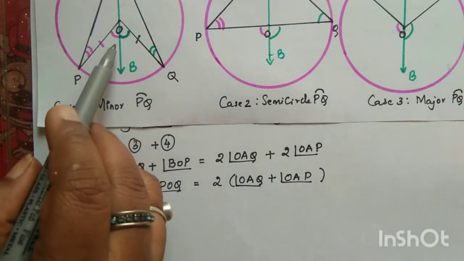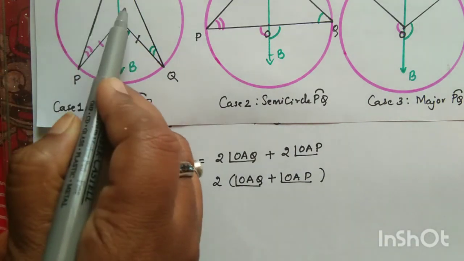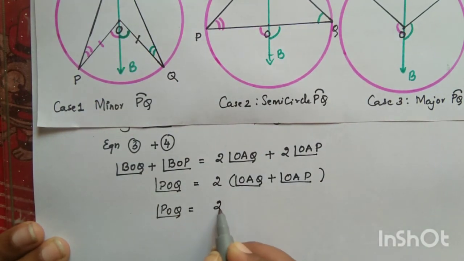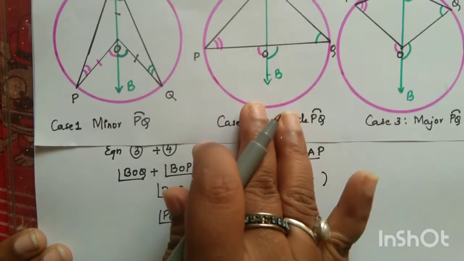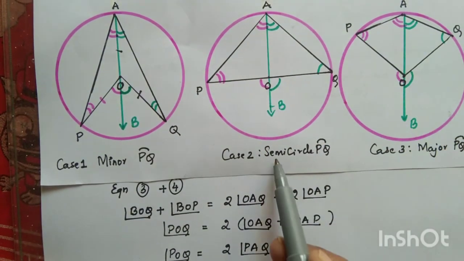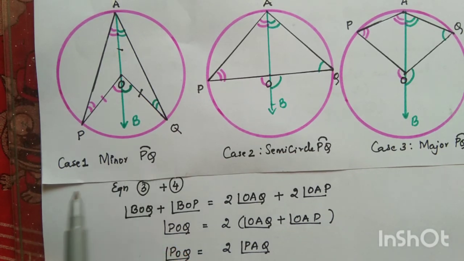You can see OAQ and OAP, these two when you add you will get PAQ. So now POQ is equal to twice of PAQ. This is going to be the same in all the three cases, when it is on the semicircle, when it is on the major arc and when it is on the minor arc.